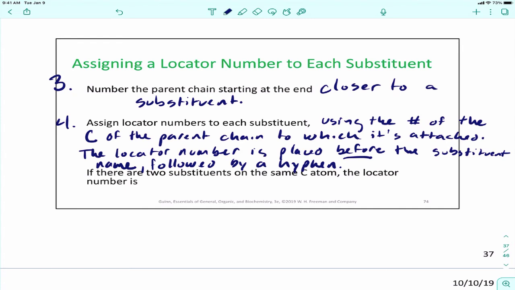The locator number is placed before the substituent name, followed by a hyphen. Step 5, if there are 2 substituents on the same carbon atom, the locator number is listed for both substituents.